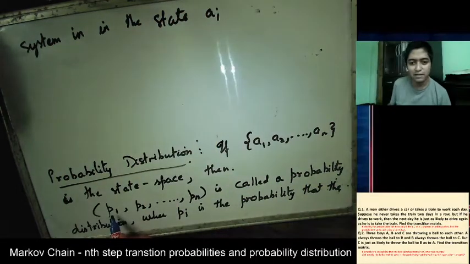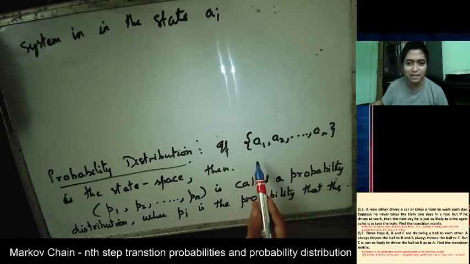Okay, so P1 is the probability that the system is in the state A1.